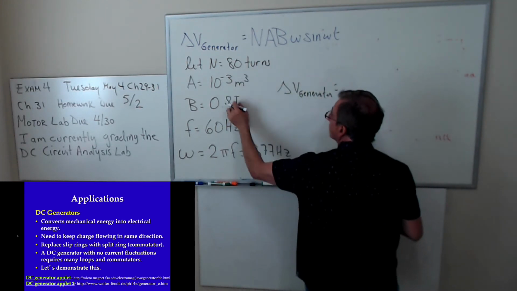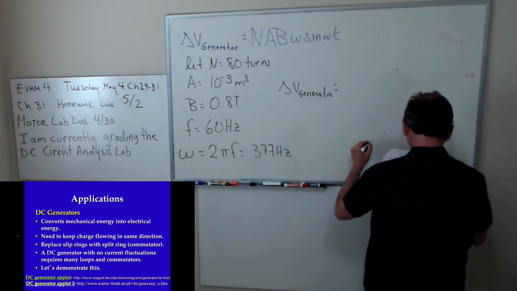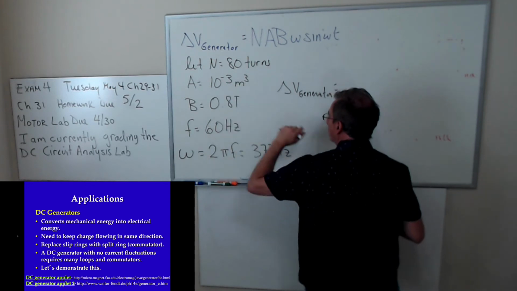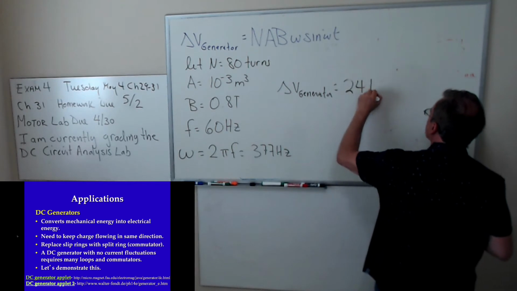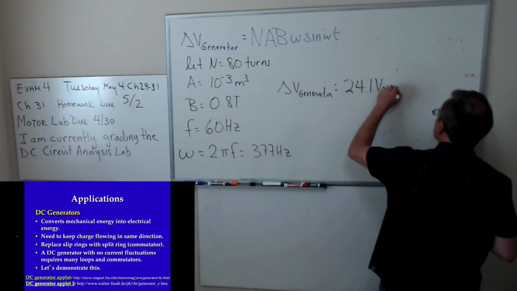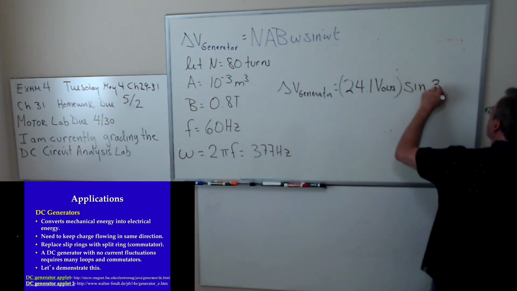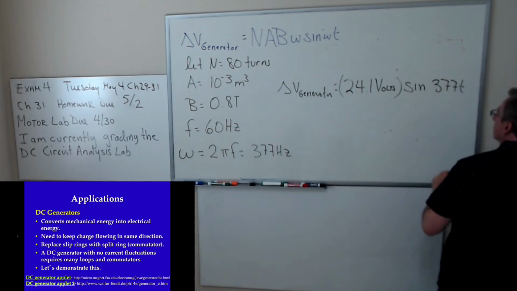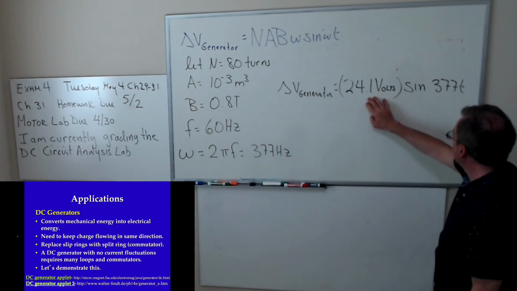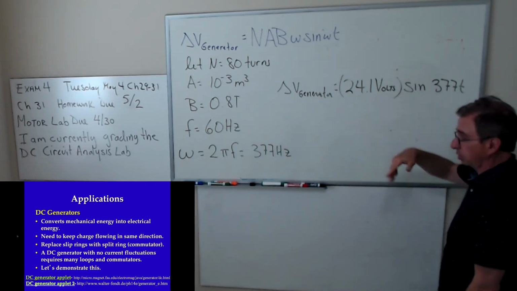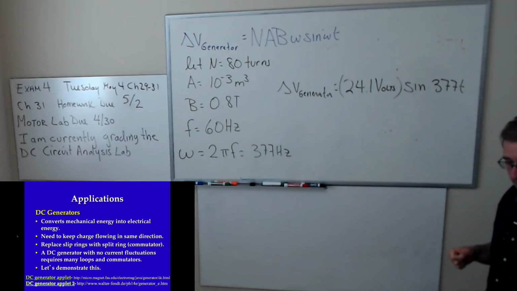The product of these four values comes out to 24.1 volts times the sine of 377t. So you have an AC generator, it produces this maximum voltage, and the voltage oscillates between plus 24.1 volts and minus 24.1 volts. Does that make sense?